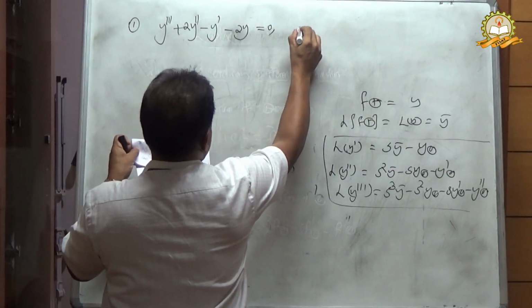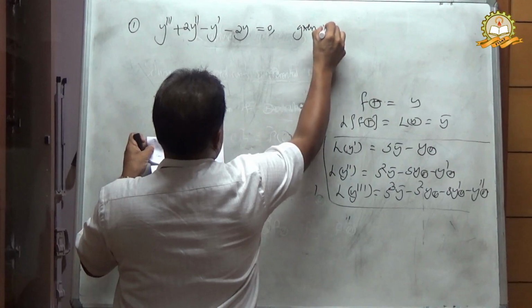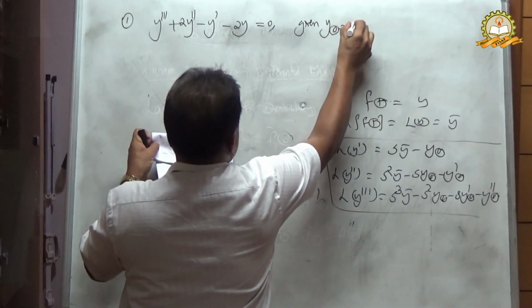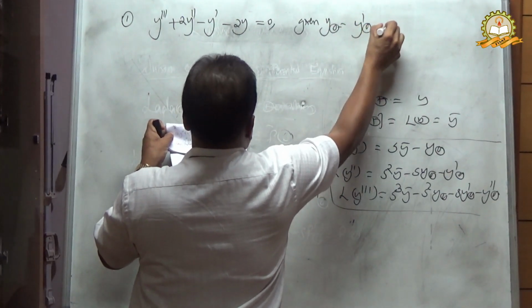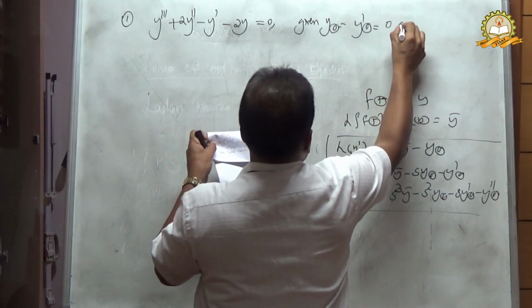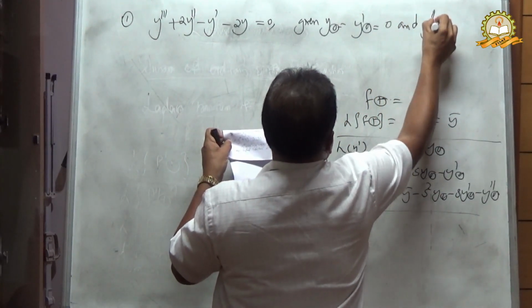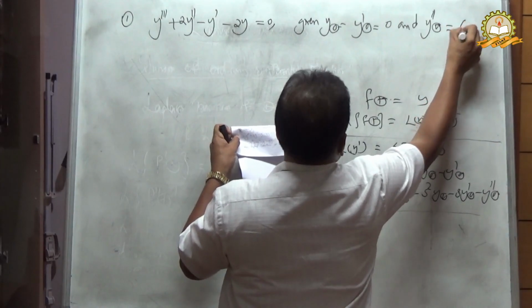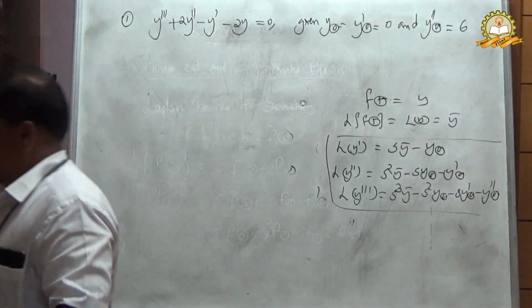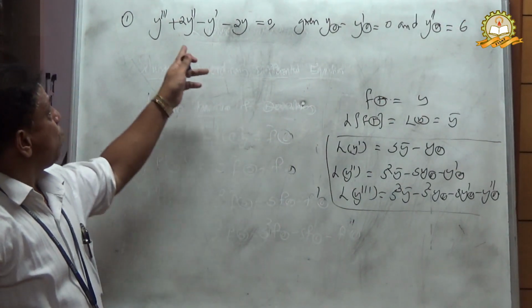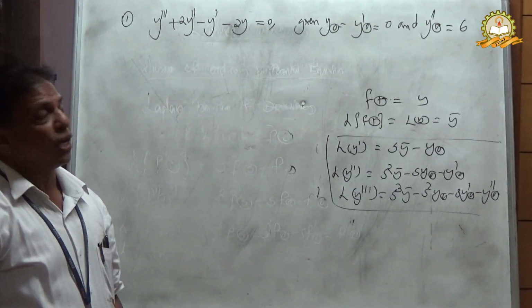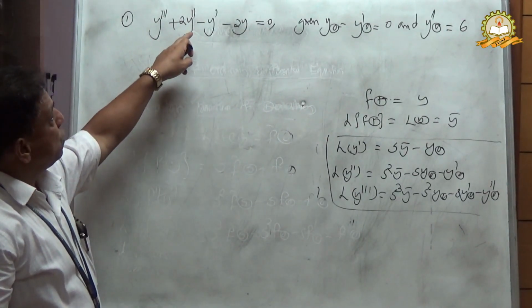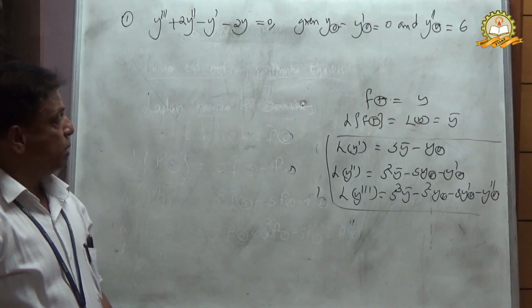The given conditions are y0 is equal to y dash 0 is equal to 0 and y double dash 0 is equal to 6. This is an ordinary differential equation. We can solve this problem by using the Laplace transform technique.